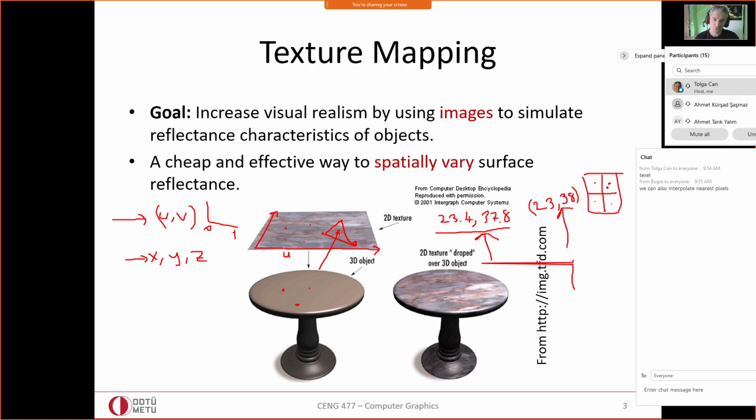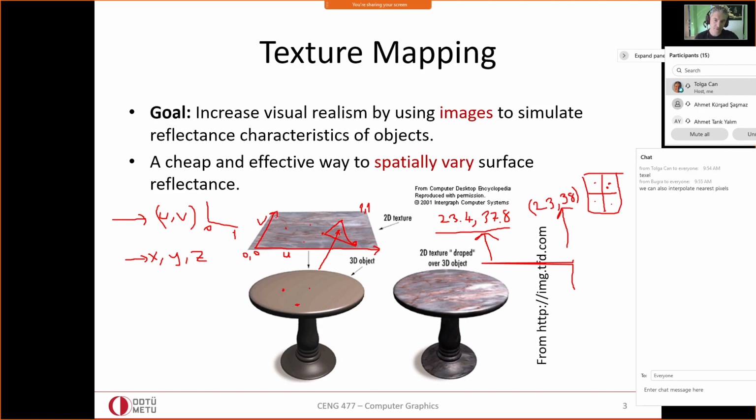This is the u-axis, this is the v-axis, this is 0, 0, this is 1, 1. So we will use these normalized coordinates for any given texture image. It may be rectangular, very large, or very small, but for a given texture, we will use these normalized coordinates.